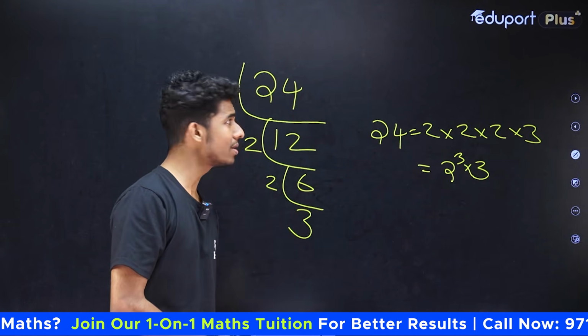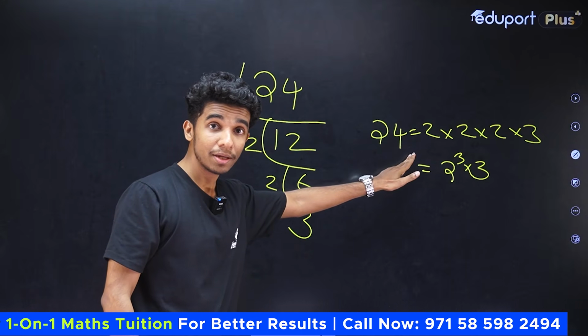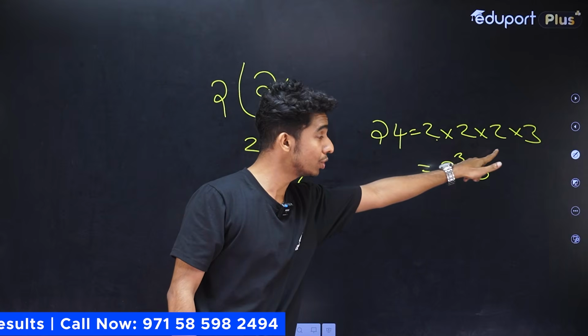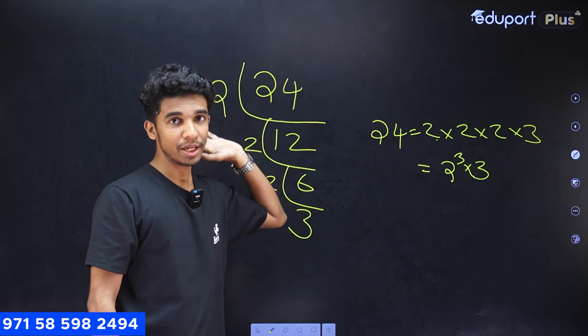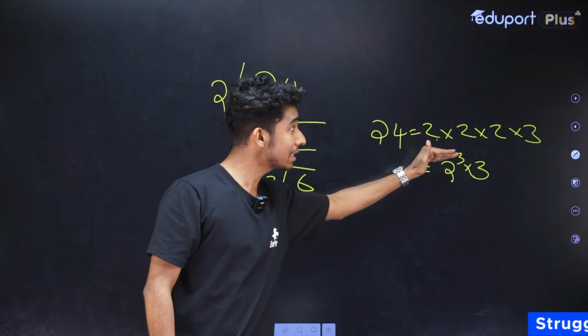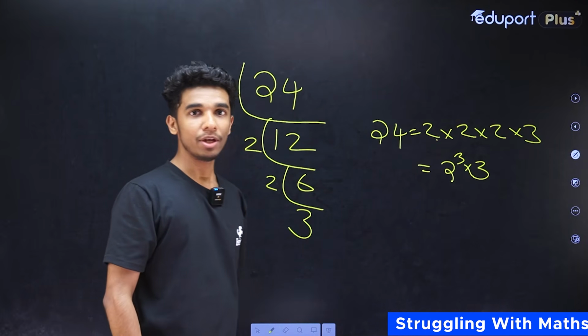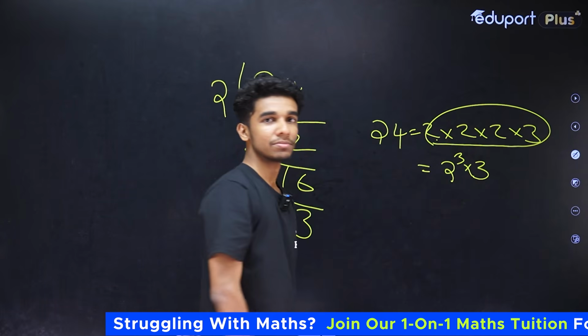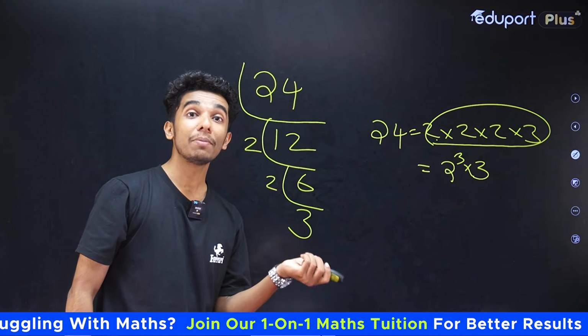Okay, look at this, students. The composite number is written as the product of primes, 2 into 2 into 2 into 3. Okay, 2 is prime, 3 is prime, and this written form is unique. No other number comes in the form of 2 into 2 into 2 into 3. This is what the fundamental theorem of arithmetic is.